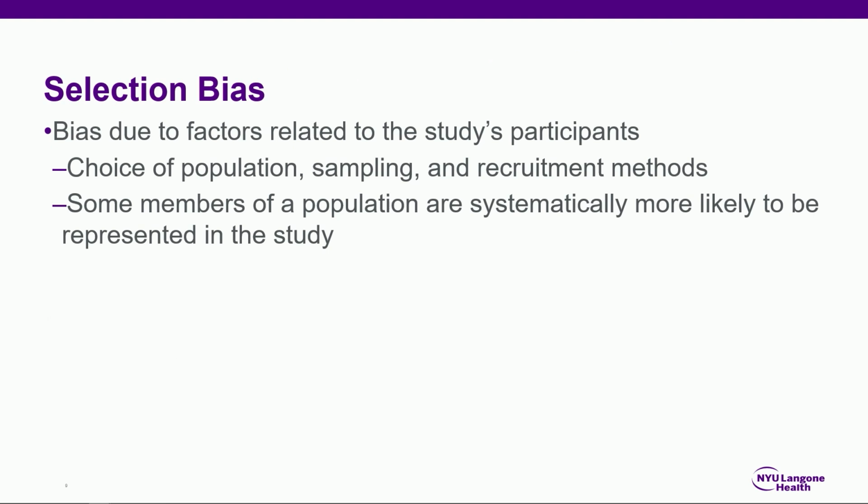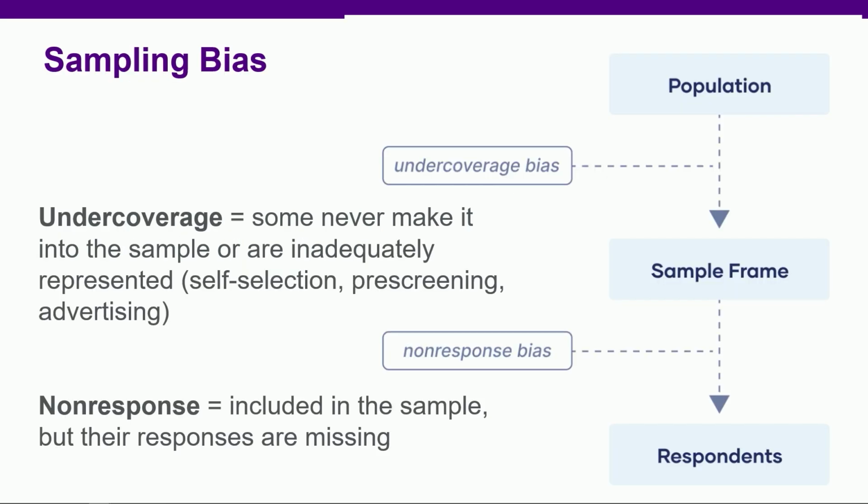So just to go over some of the terms and what we're talking about here. Selection bias and sampling bias is really when some members of a population are, in a systematic way, more likely to be included in the sample and represented in the end. If we look at how that can occur, there's the population, let's say in this case, emergency department patients, and then the sampling frame.